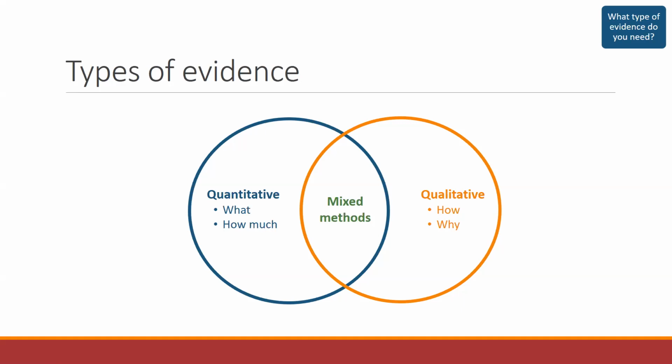Quantitative data is really good at focusing on the what and the how much. The did this work, yes or no, is something quantitative data is great at answering. Qualitative information is really great for getting all of the rich contextual information.